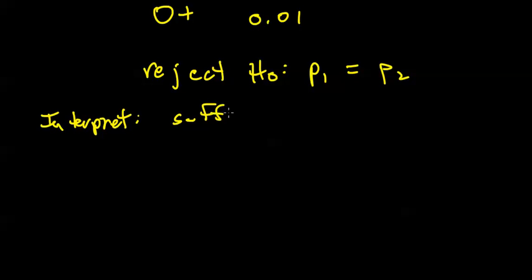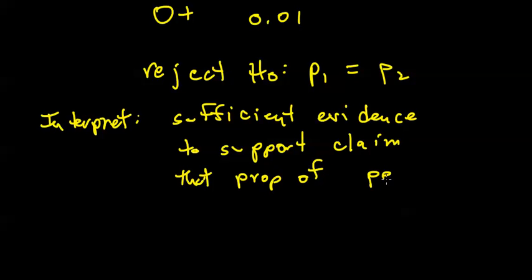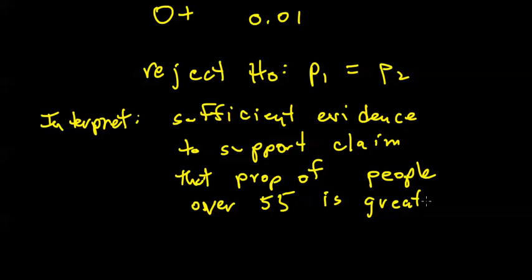I'll claim there is sufficient evidence to support the claim that the proportion of people over 55 is greater than the proportion of black and white dreamers for those under 25.